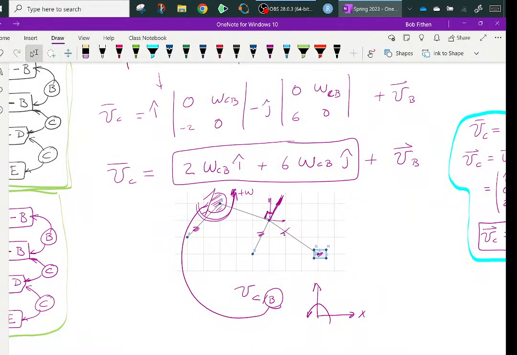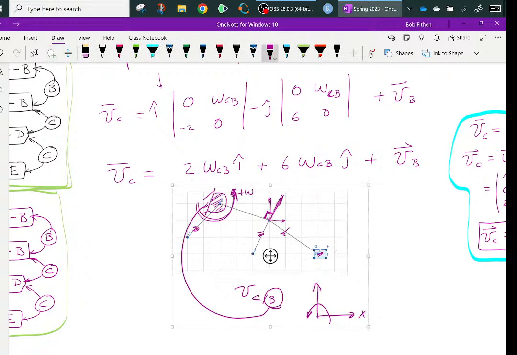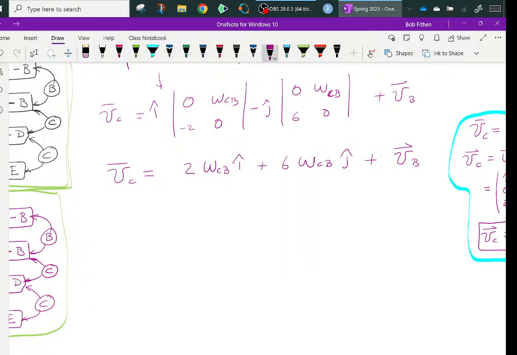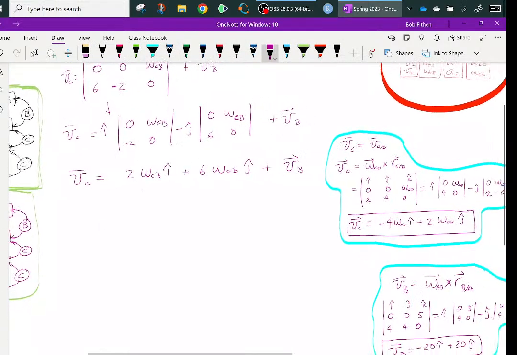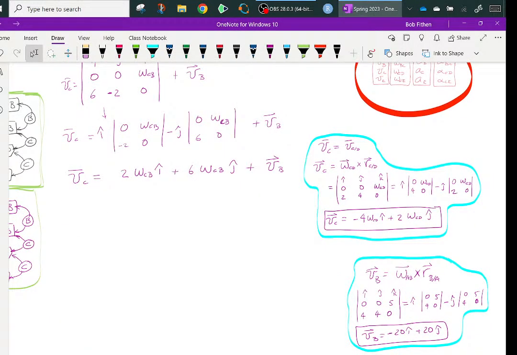So if that makes sense, I'm going to erase all this, and there's no reason to keep that in here. I just delete it all. Now, here's the funny thing. Out of this last equation, I've got that one.